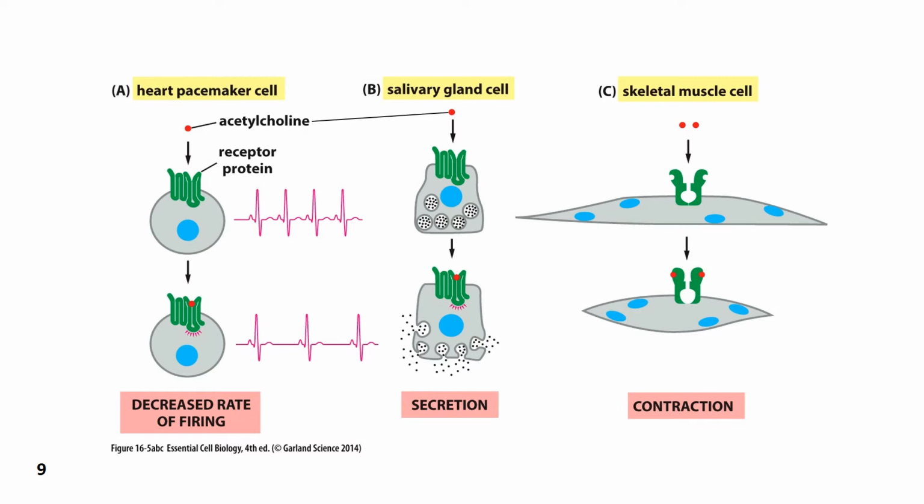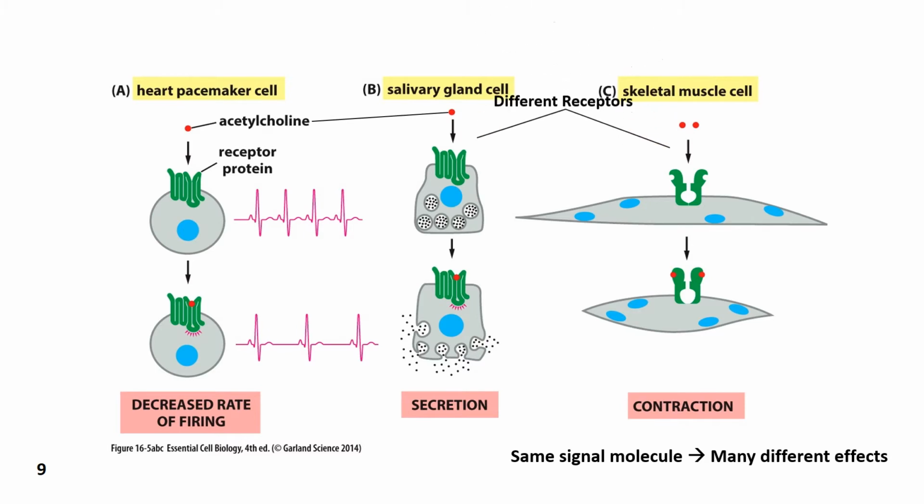How is it possible to get each of these different cellular responses to the same type of signaling molecule? One way that can occur is if we look at the salivary gland cell and the skeletal muscle cell carefully, we see that these two cell types have different acetylcholine receptors. In the skeletal muscle cell, we have an ion channel, and in the salivary gland cell, we have a multi-pass transmembrane protein. Each of these is an acetylcholine receptor, but it's a different type of acetylcholine receptor.